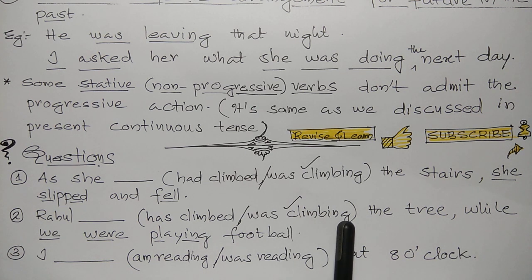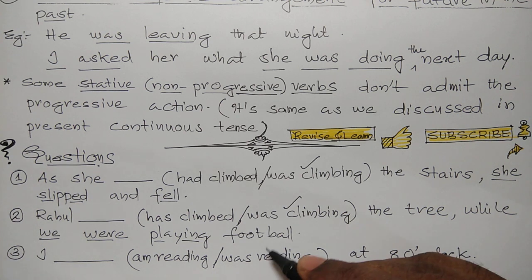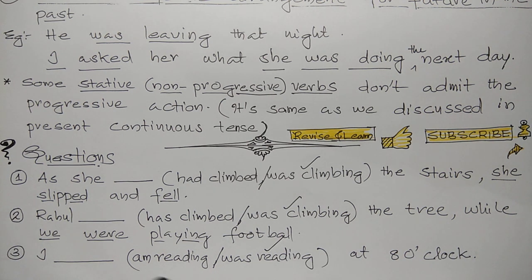So was climbing is the right answer. Third one, I dash at 8 o'clock. Here the options are am reading, was reading. Here was reading is right. I was reading at 8 o'clock, a point of time in the past. So we use the past continuous tense.